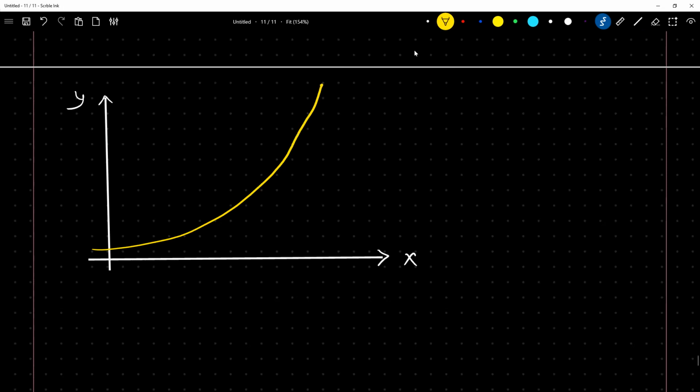Let's call it some parabola, called g of x. And then I've got some points of interest here. So this is my point of interest that I would like to know the rate of change at. And this is my other point over here.